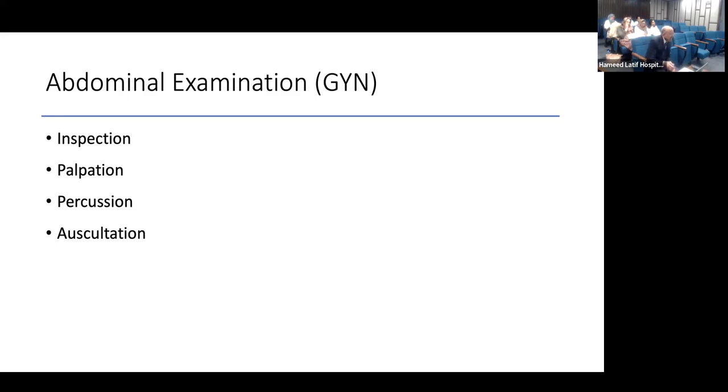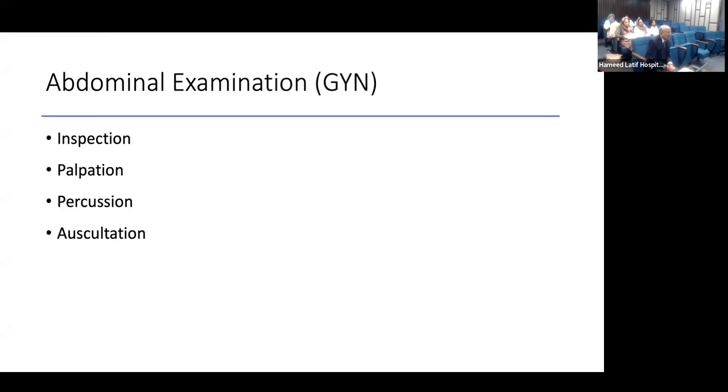So that is the relevance of percussion. And also in cases where you would suspect that there may be ascites, so shifting dullness, etc. Therefore, percussion is part of that.